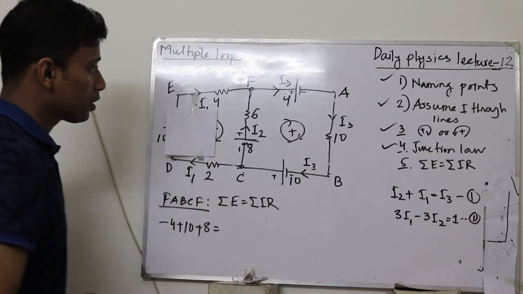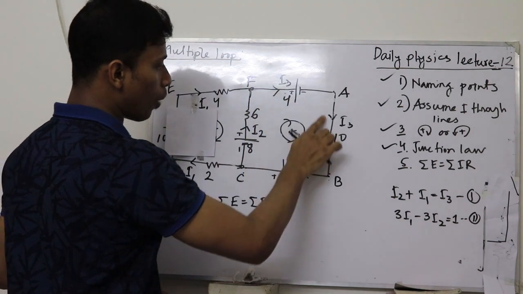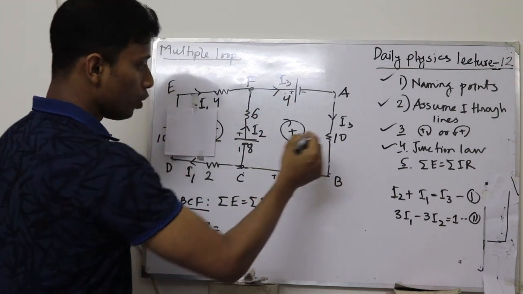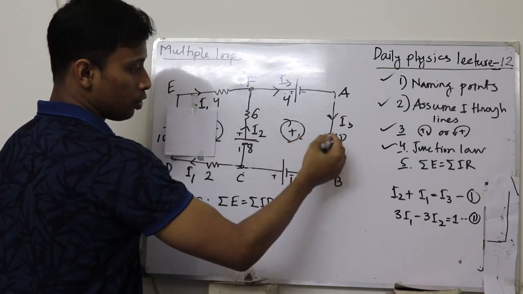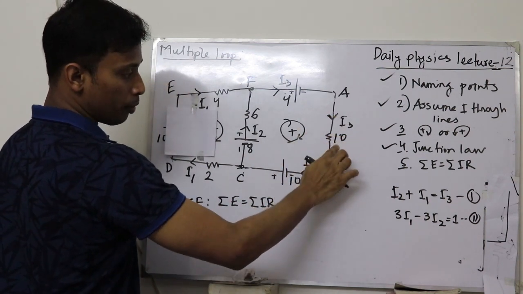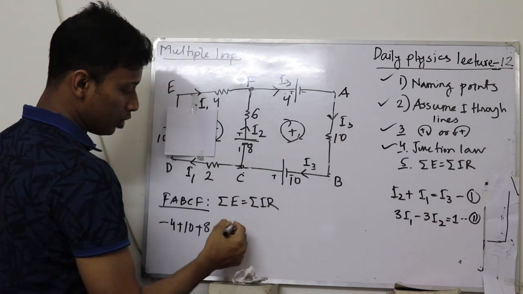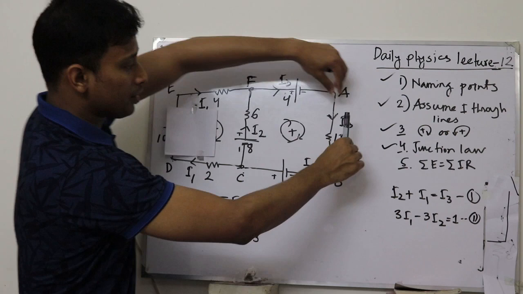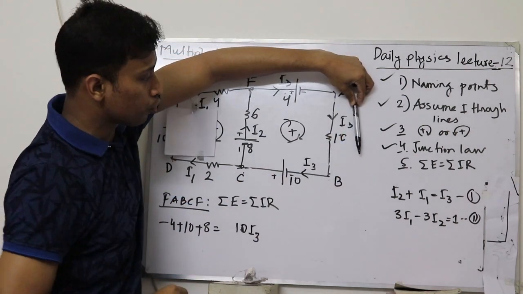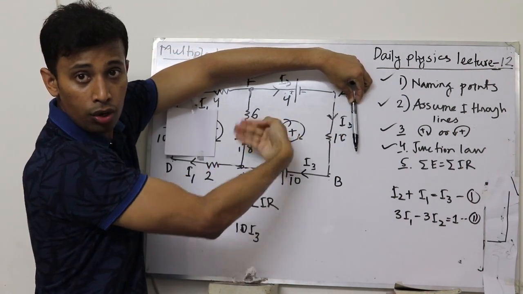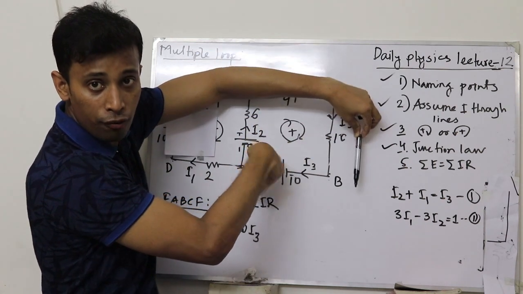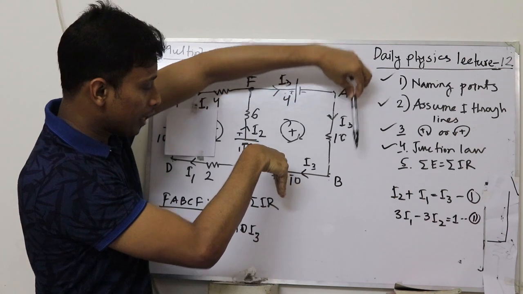Now let's do current and resistance. Let's go through the loop. 1 resistance, 2 resistance. We have 2. At first go through this 10. The amount of current moving through 10 is I3, so 10I3. Is it positive or negative? That's the direction through 10. Let's go for the clockwise. That's the clockwise positive direction, and the current flowing through 10 is acting along the clock.